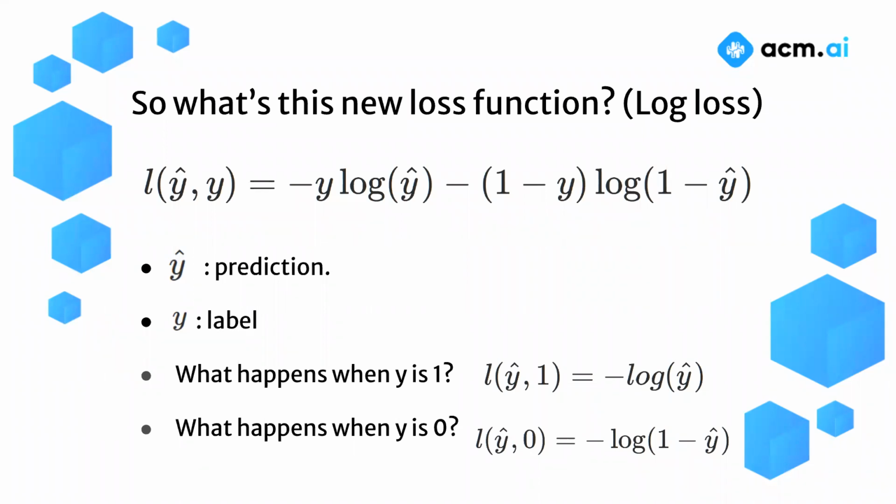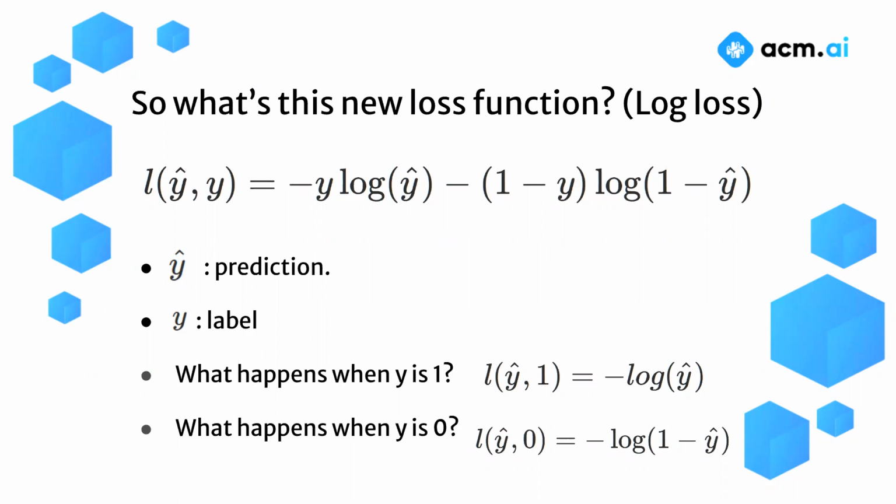So a negative value times a negative sign gives us a positive loss, so our model is doing a bit worse. But if we have a perfect prediction of 1, we get 0 loss. Does that part make sense, everyone? If we match our target of 1 to our label of 1, we get a perfect loss. Otherwise, we get a loss greater than 0. This is what we want, right?